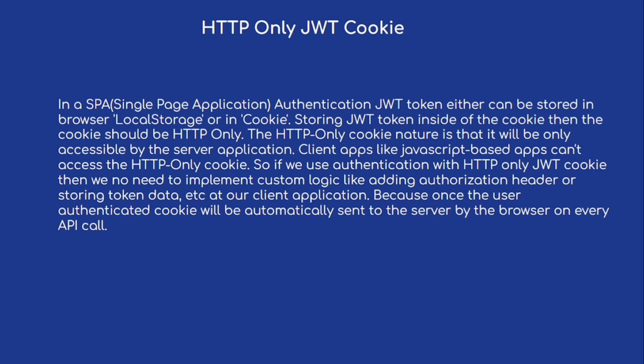But with cookie based authentication, we don't need such logic, because for every request the cookie is automatically passed along by the browser itself. Because of that, custom logic is avoided. Once the user is authenticated, the cookie is automatically sent to the server by the browser on every API call.